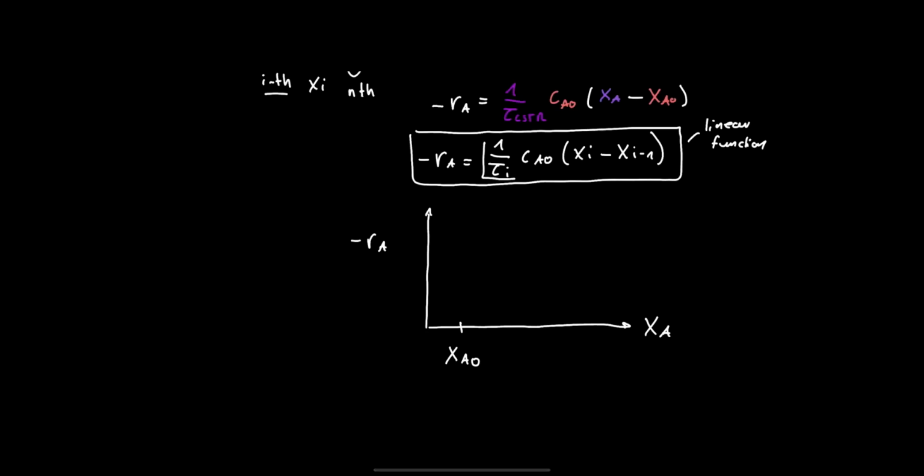Our slope will be this term. We can plot this as this, where this is our slope and this is 1 divided by the mean residence time times the concentration A0.